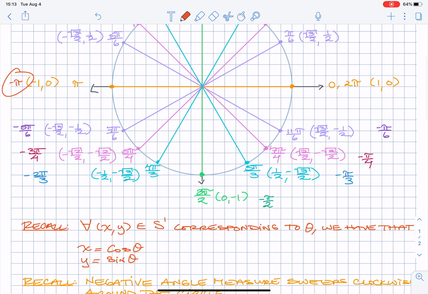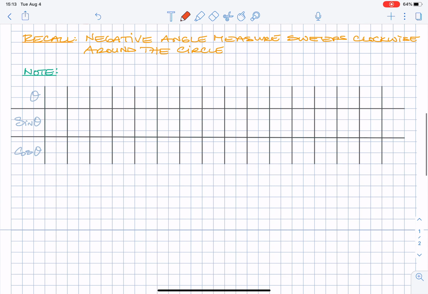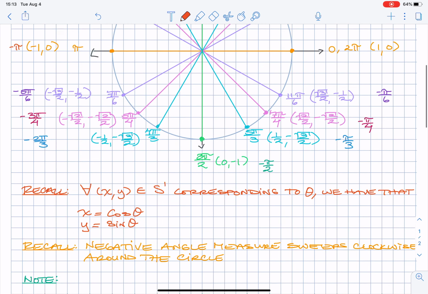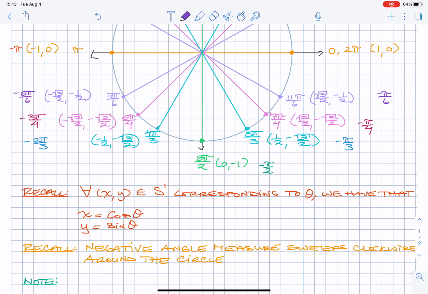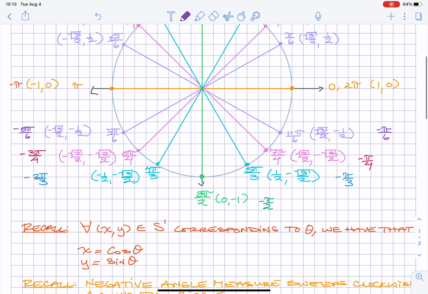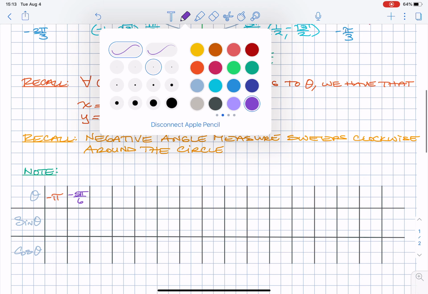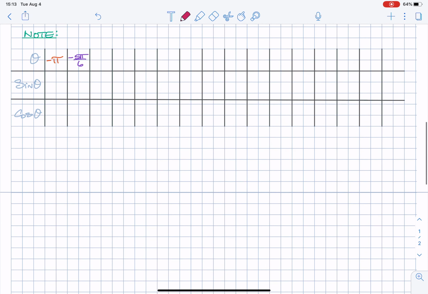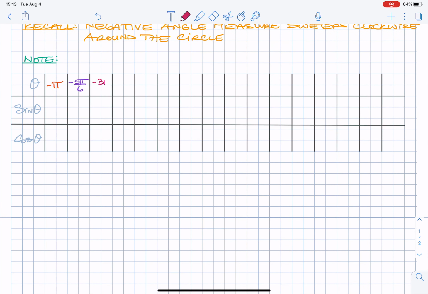Let's start with negative pi, which is the same as positive pi. Then let's do negative 5 pi over 6, the next one. Then let's do negative 3 pi over 4.